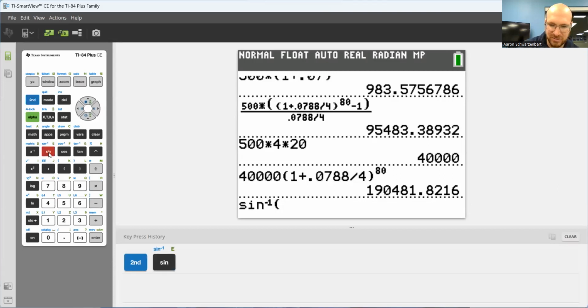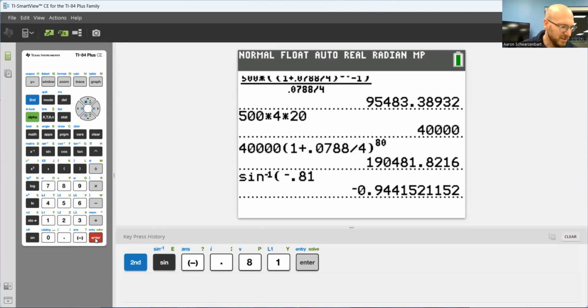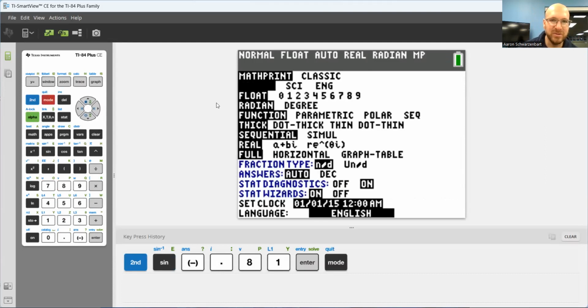Looking at example 2, negative 0.81. I could close parentheses, I don't have to. And I get negative 0.944. I believe I am in radian mode. Yep, I'm in radian mode here. I can see that.